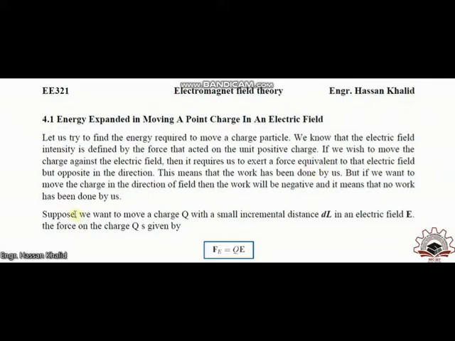Now suppose that we have a charge with value Q, and we want to move it a certain distance. Let's say it's a small incremental distance dL in the electric field E, and the force exerted on it is given by F equals QE, from the basic definition of electric field intensity.